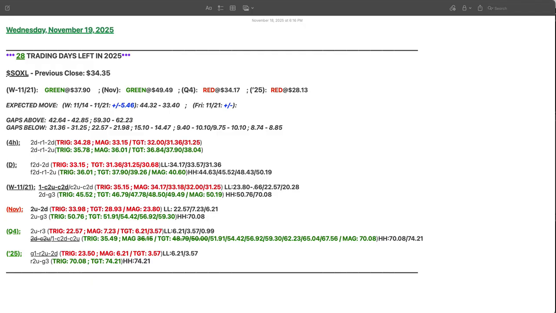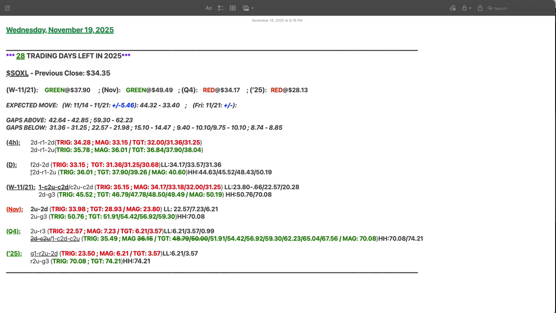So apologies for any confusion on the day chart. Let's just continue moving right along. Trigger to the downside, 33.15, extended targets to 31.36, 31.25, which is the gap open, gap close, and then 30.68, the 38.2 fib extension.